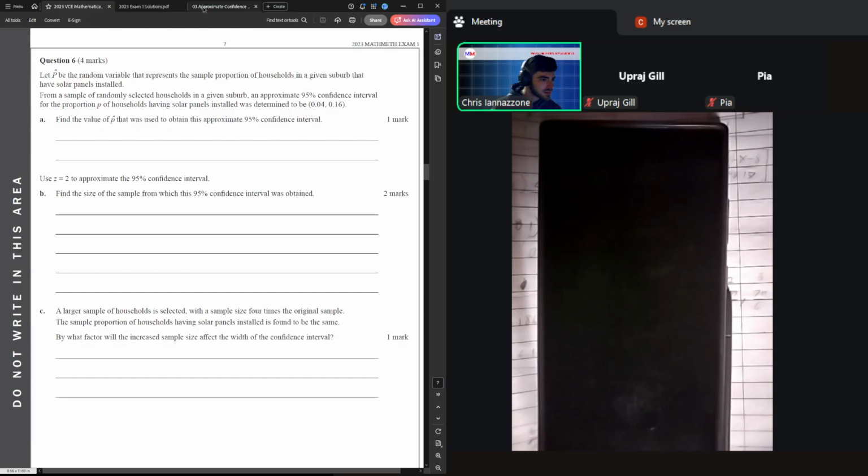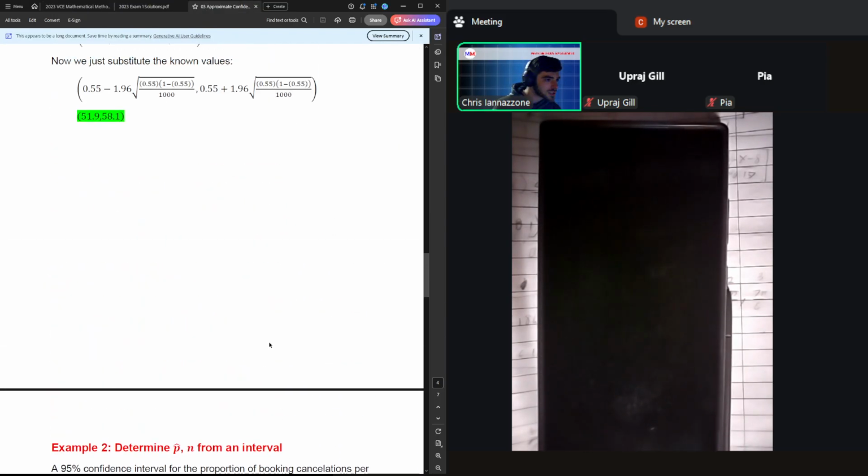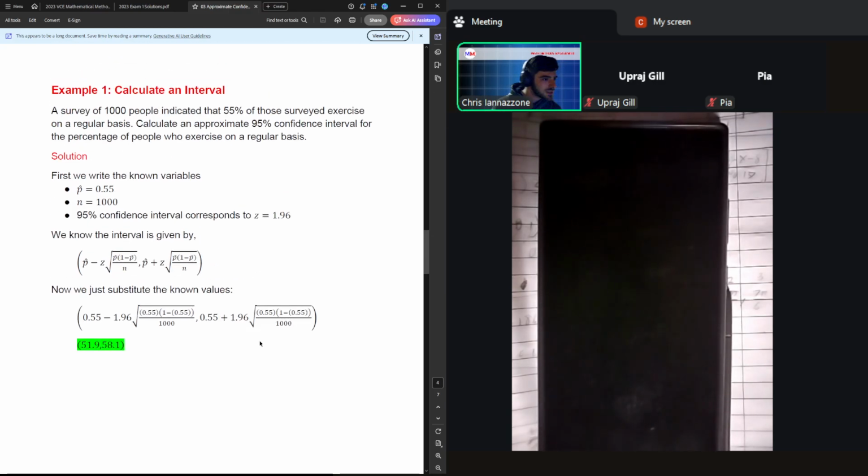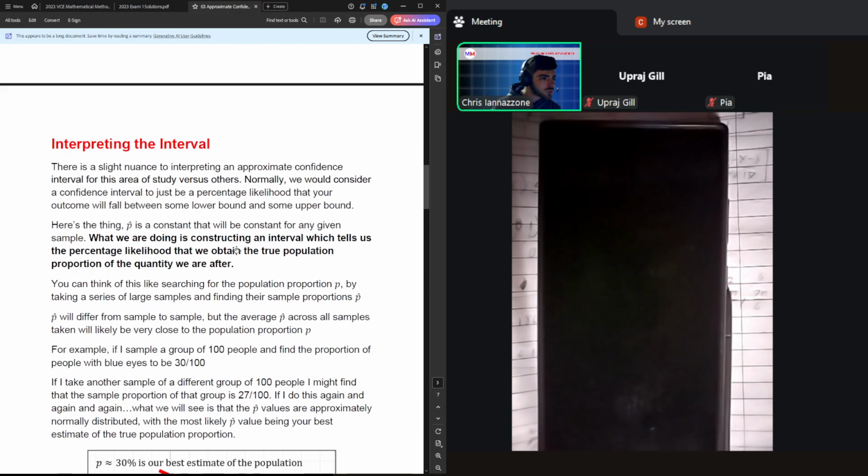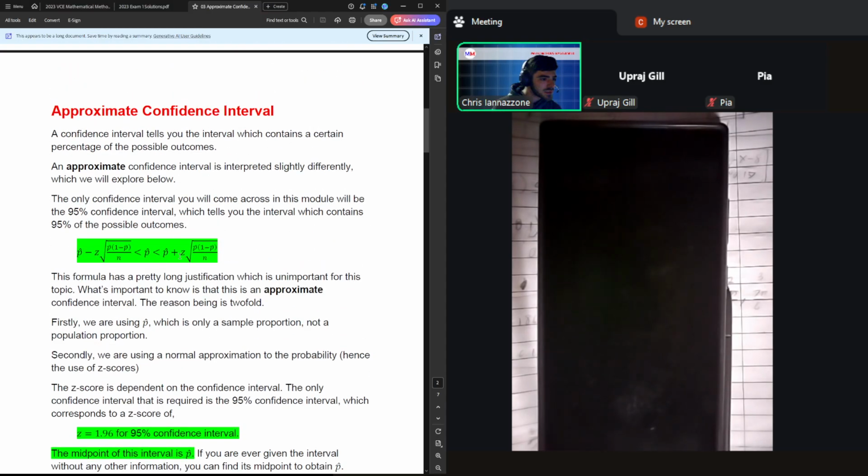So I won't scroll too far though, because that'll give the full answer. But basically, the width of a confidence interval is always given by the z square root term, right? You have a plus version of it, you have a minus version of it. So essentially 2 copies of this gives you the original width of your interval. Compare that to what happens if you put 4n in this spot.